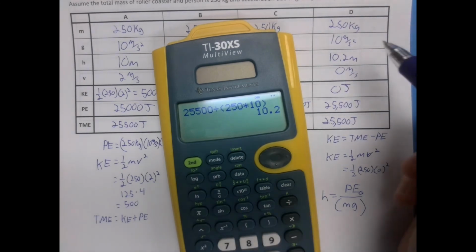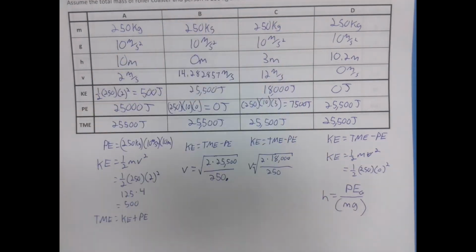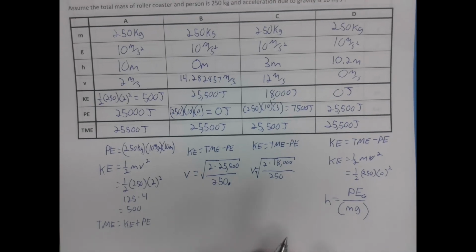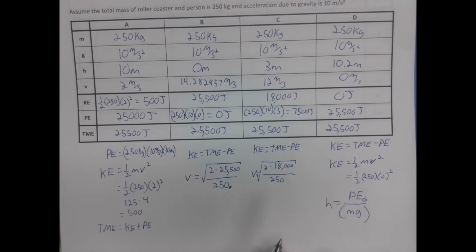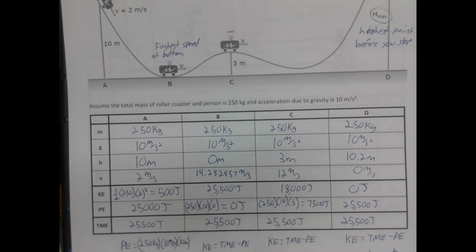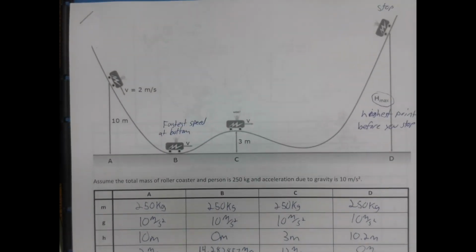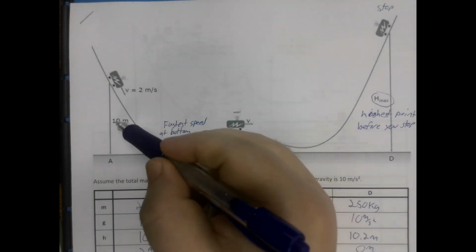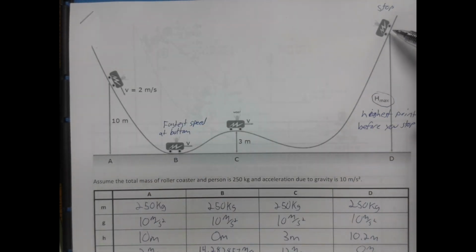So the height is 10.2 meters. Again, the pictures don't match up correctly. The pictures are not to scale. So you're right, this is 10, and this looks way more than 10.2.